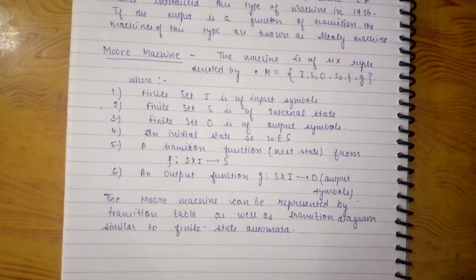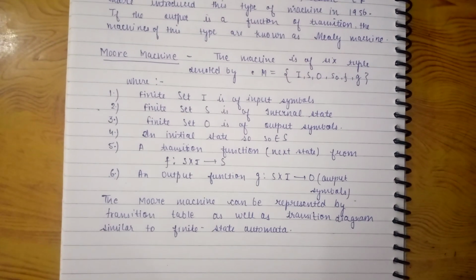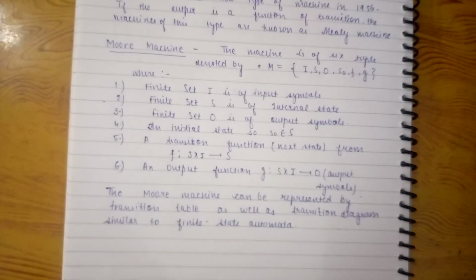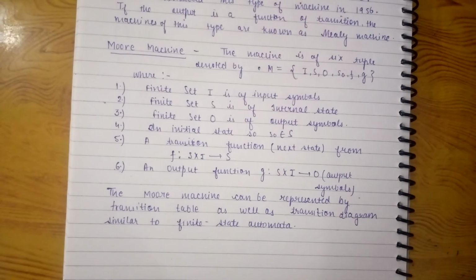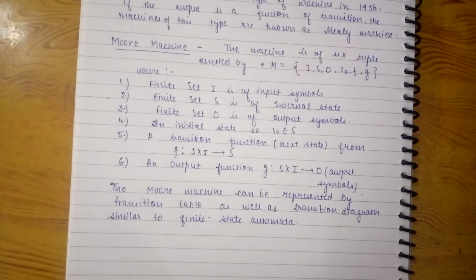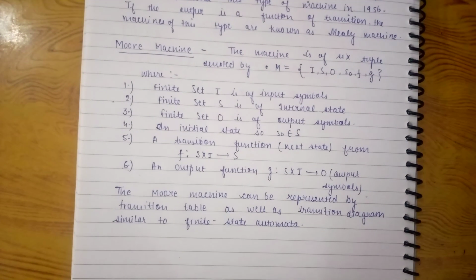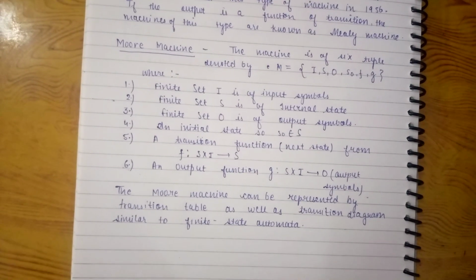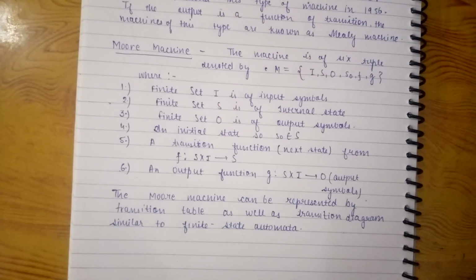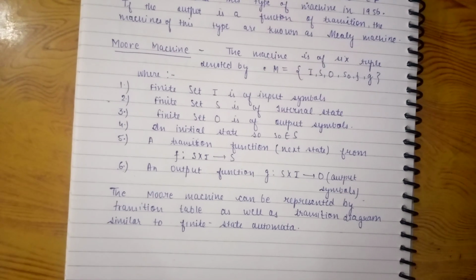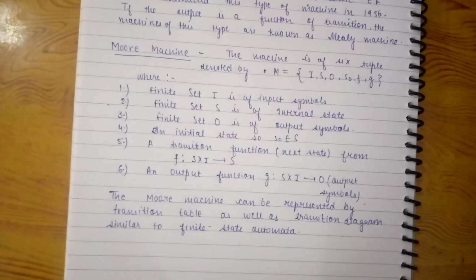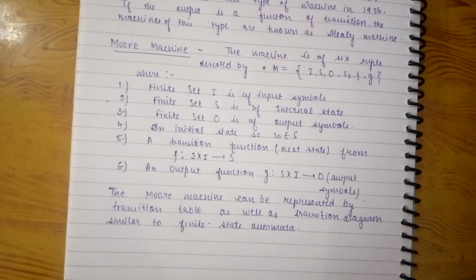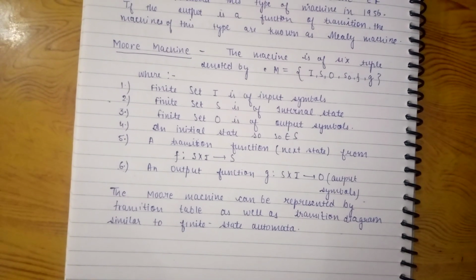Finite set O is of output symbols, and the initial state S naught belongs to capital S. A transition function, the next state function, which is defined as S cross I belongs to S, and an output function G such that S into I belongs to O, where O is the output symbols. The Moore machine can be represented by a transition table as well as a transition diagram, similar to finite state automata.